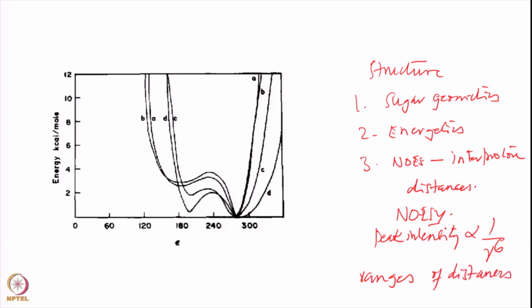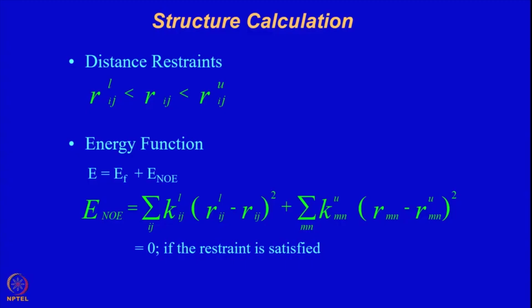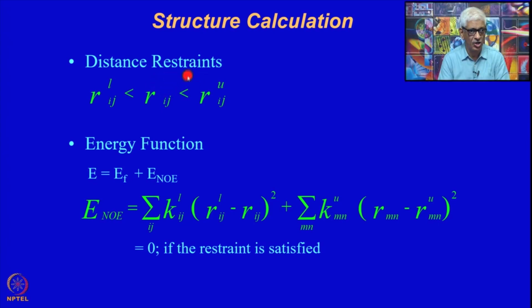Now what do you do after this? We use this in an algorithm, and that is indicated here. So, you have here the distance constraints. You start with a particular model. In your model, the distance between two protons i and j is, let us say, Rij. Now from the NOE spectrum, you have a cross peak between i and j, and from the cross peak intensity you say this distance should be between this lower limit and this upper limit.